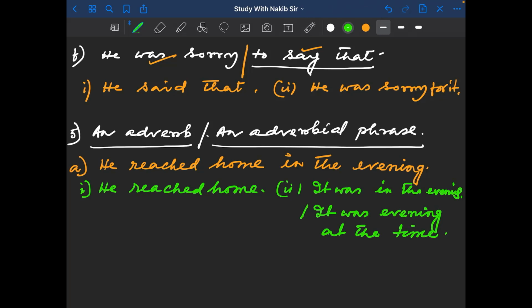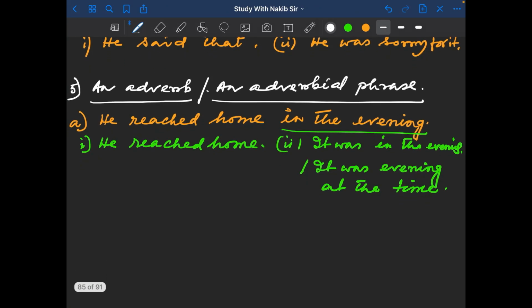You may write this way, it was in the evening or it was evening at the time. So in the evening is an adverbial phrase, and for that adverbial phrase, if you like, if necessary, you can make a separate sentence. Okay, so for an adverb or adverbial phrase, you can make a separate sentence from the given sentence.